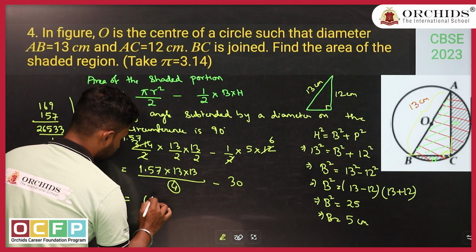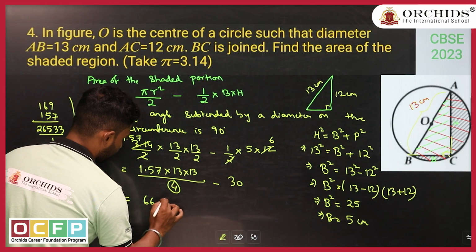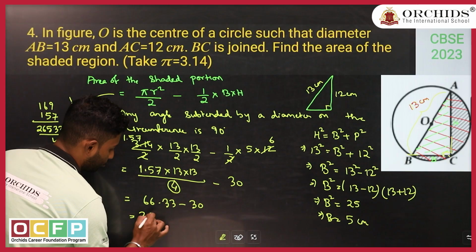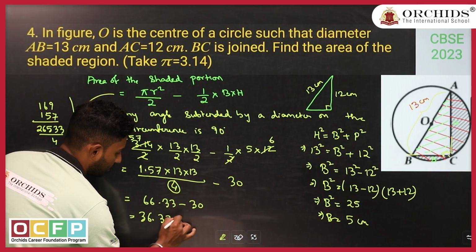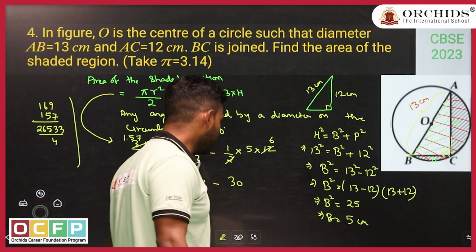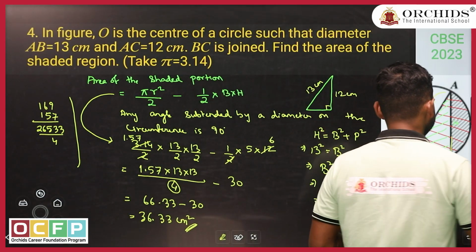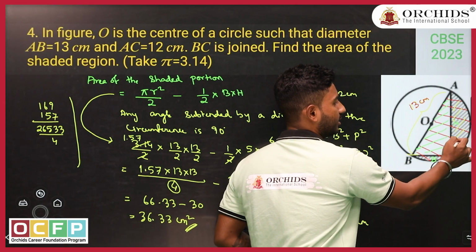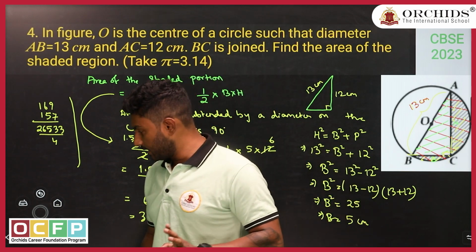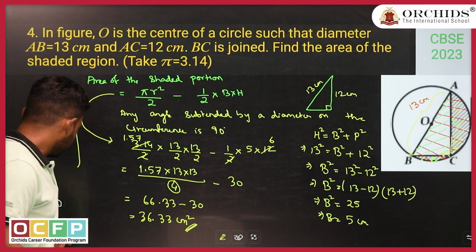We will get 66.33 minus 30. So the answer goes to 36.33 centimeters square. So here's the answer. So this particular area is area of this shaded portion. Yes, is it clear? If it is clear, let's go to the next question.